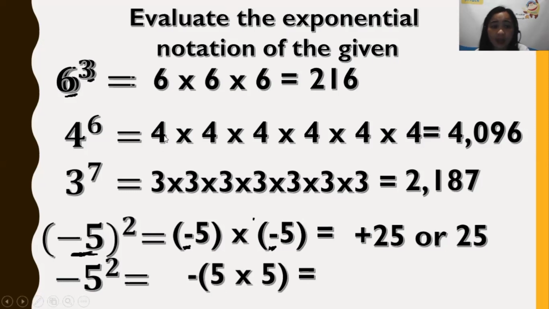So si negative sign, ilalagay mo siya after mo ma-multiply si 5 and 5. So 5 times 5 is 25 times negative, the answer is negative 25. So kapag negative na yung ating sagot, hindi mo pwedeng i-disregard ang kanyang symbol na negative. Kasi pag inalis mo yung negative niya, mababago yung value.